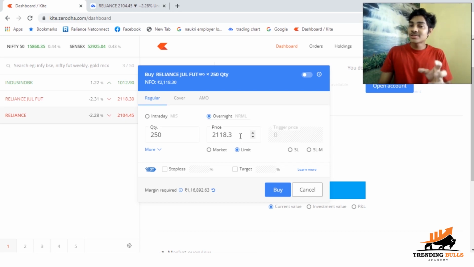Now you understood that in futures you can hold for multiple days. Now you might be thinking, till how many days can I buy and hold it? Since I'm getting leverage, and Reliance is a good stock that will go up in future, I will hold it, and I don't need 5 lakhs capital, I can do it with 1 lakh. No, you can't hold it lifetime. There is something called expiry in futures and options. In futures you have 3 expiries.